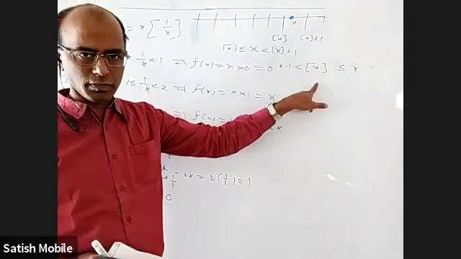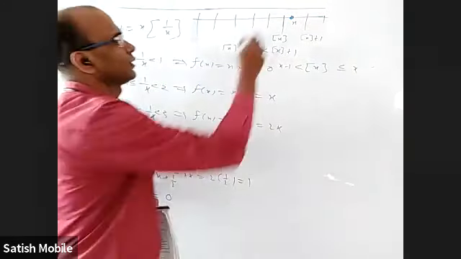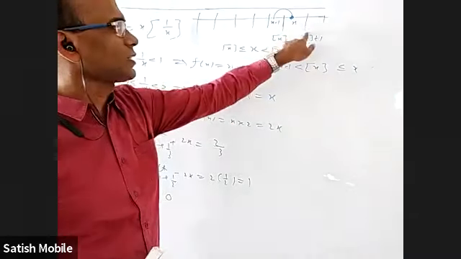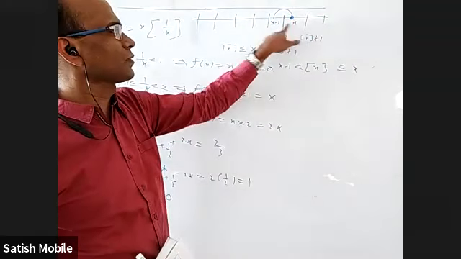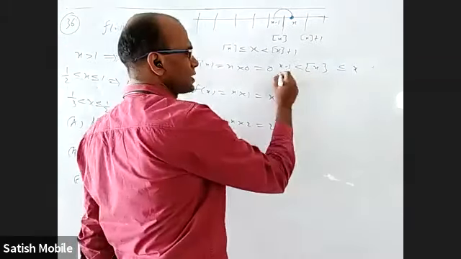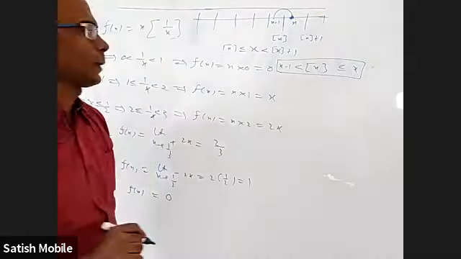You can also see in the graph, minus 1 will be here, 1 unit back. The integer part of x is between this and this. This inequality is useful for some questions in limits.